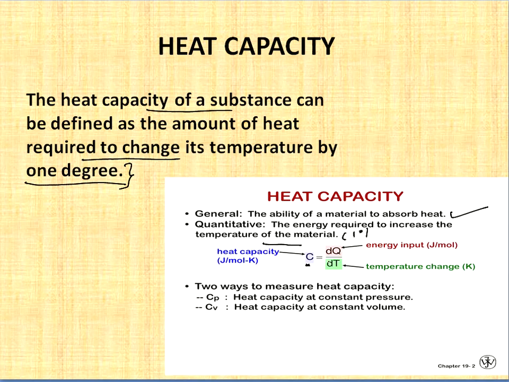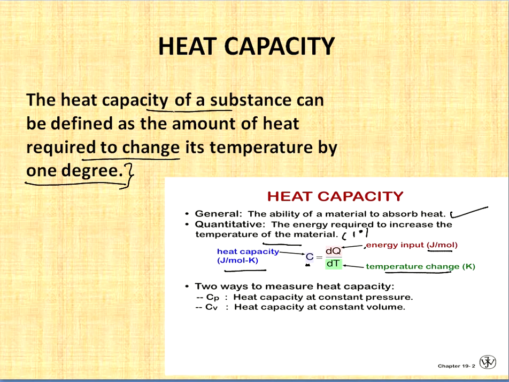dq upon dt will be the formula. Energy input is in joule per mole, and below that the temperature change is in Kelvin. Then the unit of heat capacity will be joule per mole Kelvin. It is just the heat required to change the temperature of a substance.